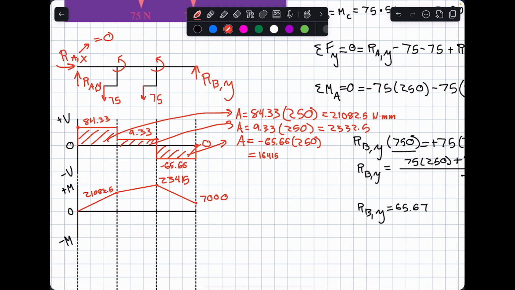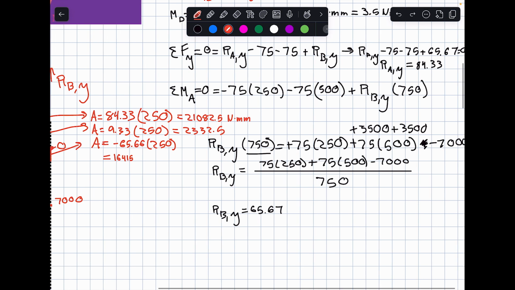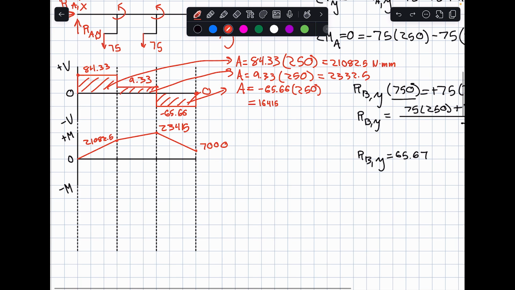And you'll notice this isn't 0, and that's because we didn't account for these two external moments that we have right there. But if you'll recall, when we were doing the sum of our moments over here, we ended up having a negative 7,000 value. And so this is going to take us back down all the way to 0.